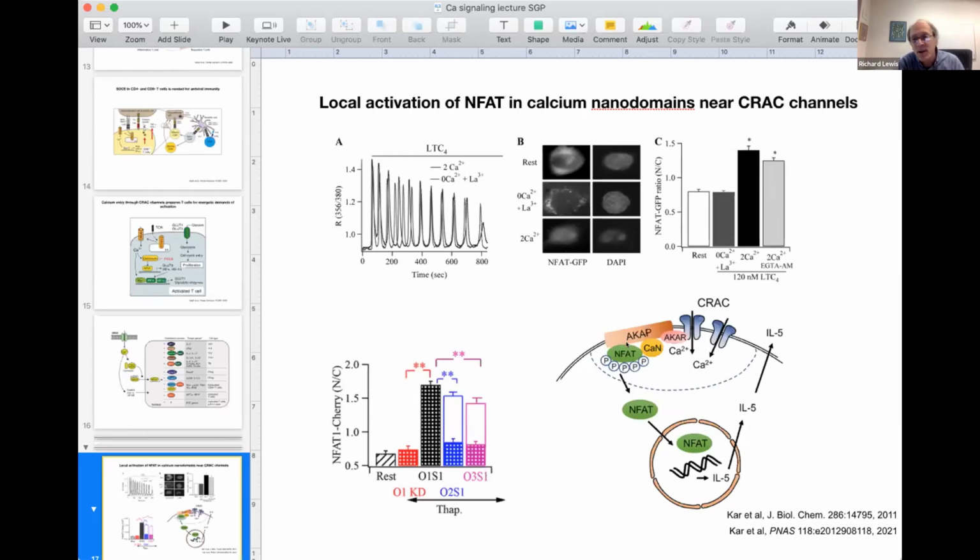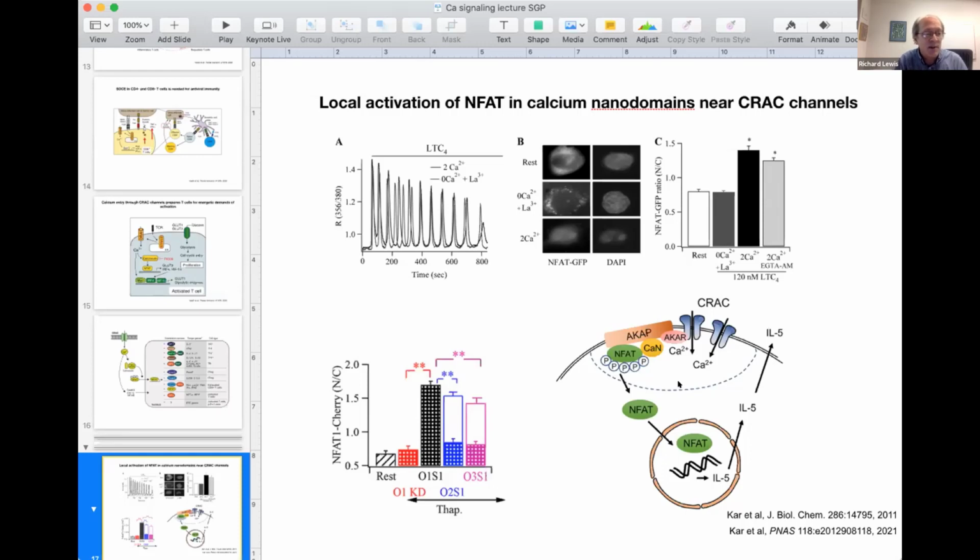AKAP79 in RBL cells binds a fraction of the NFAT and calcineurin pools, and store depletion causes it to associate with ORAI1 by way of a short sequence located in the N-terminus of the channel. And interestingly, this sequence is only present in ORAI1, but not ORAI2 or ORAI3.